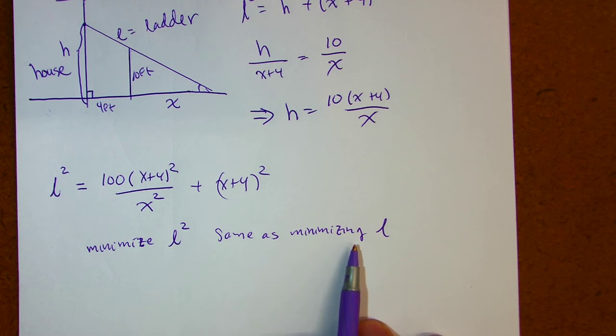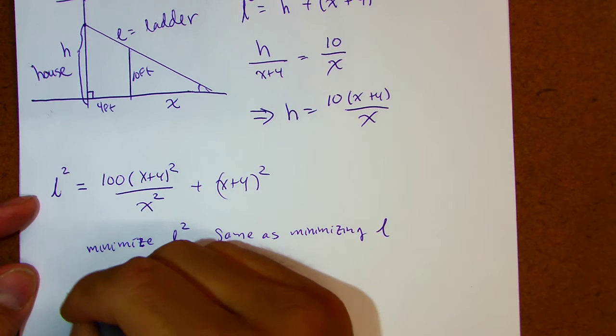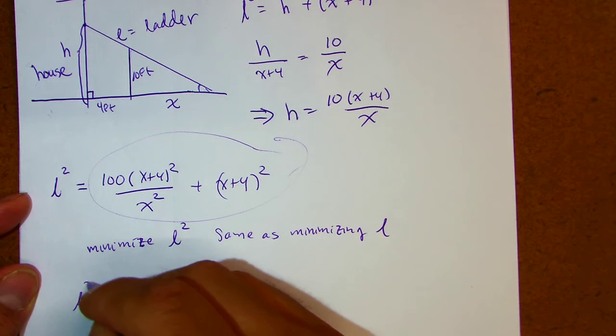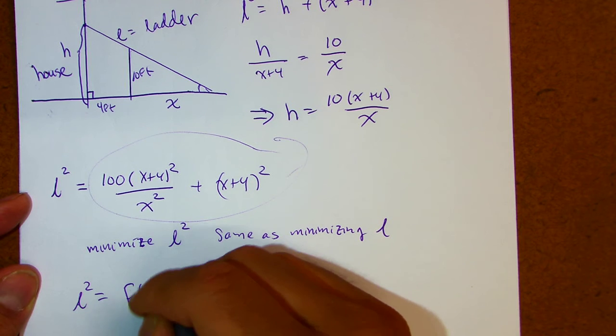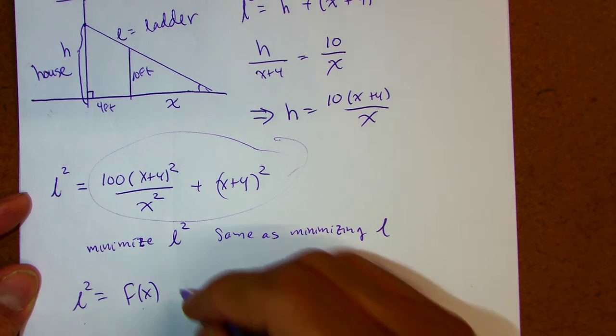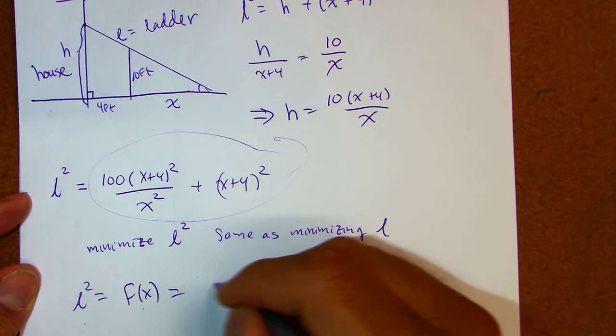What I mean by that is if I want to optimize this function, I can define L squared to just be equal to my function f of x, which is this one here.